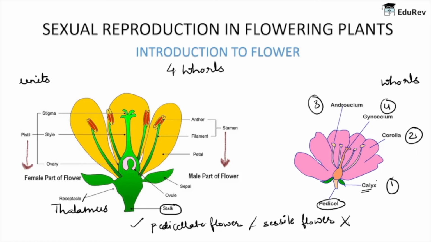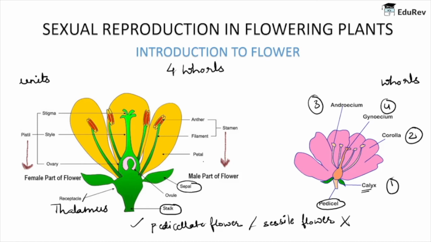For the units we have to see the yellow flower. The unit of calyx is called sepals. So we can say that a collection of sepals is called calyx.